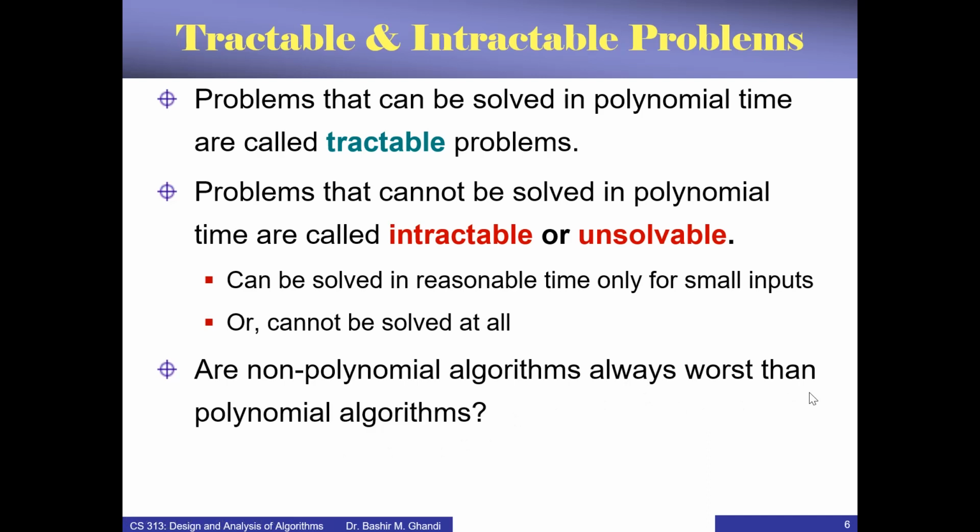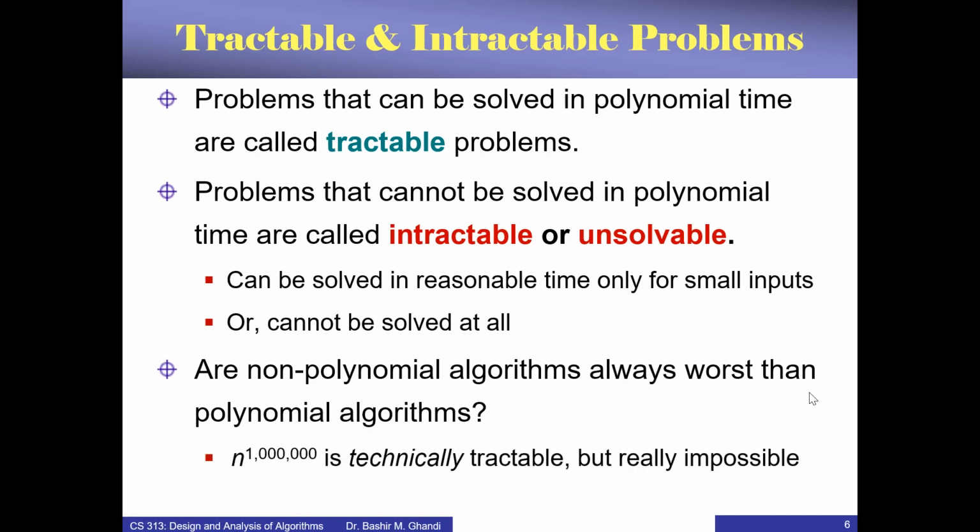Here one has to be careful. For example, if the running time of an algorithm is n to the power 1 million, yes, 1 million is a constant.